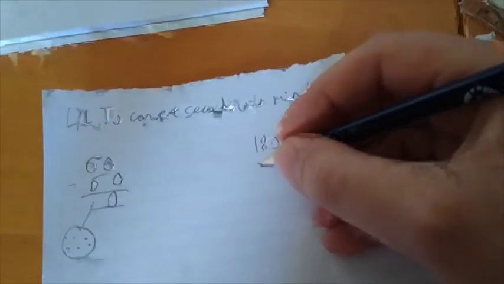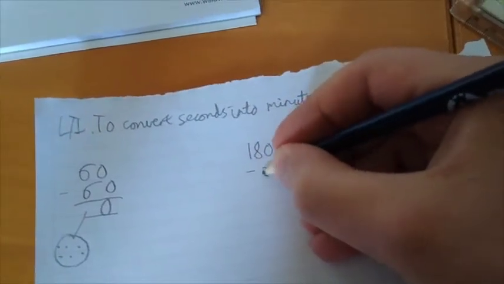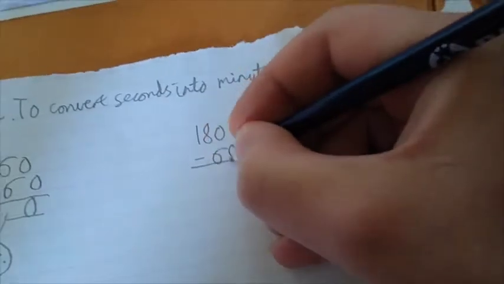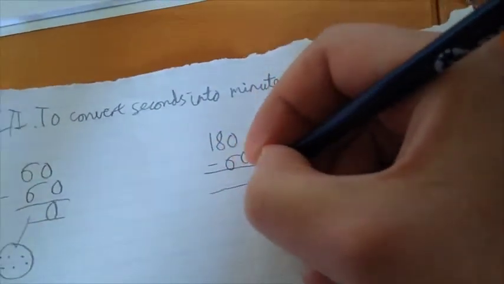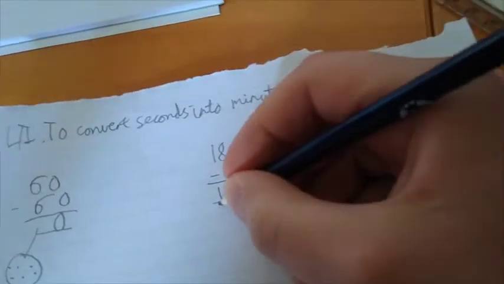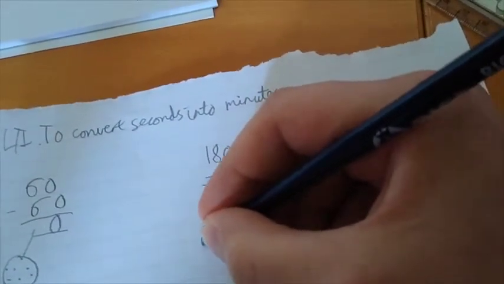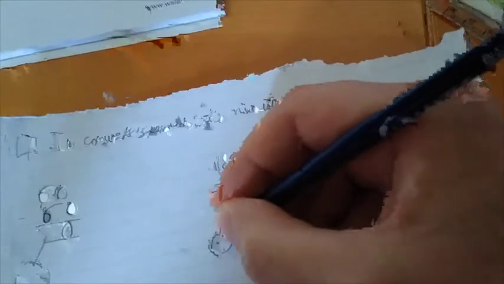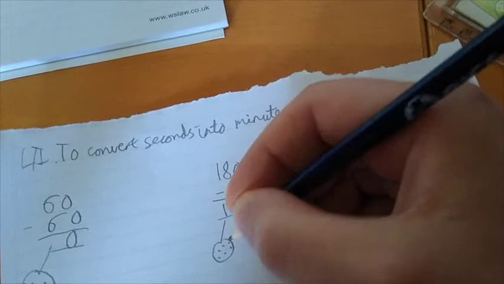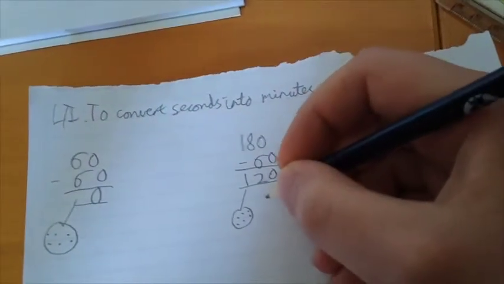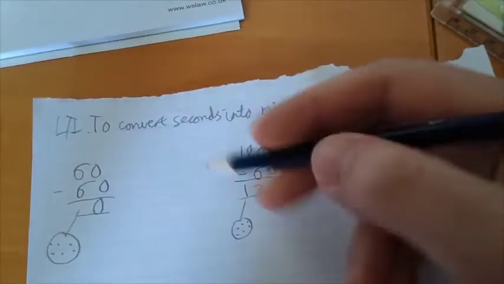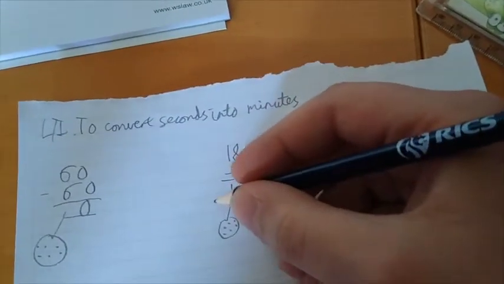So for 180 seconds, if we minus 60, we get 120, which is a bubble again of 6 dots. So that's 60 seconds. As we got down to 120 and not to 0 yet, like we have on 60, we need to minus 60 again.